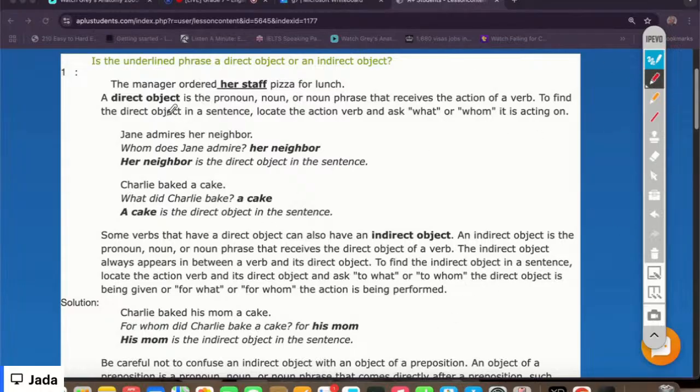Alright, so we'll start now. A direct object is the pronoun, noun, or noun phrase.